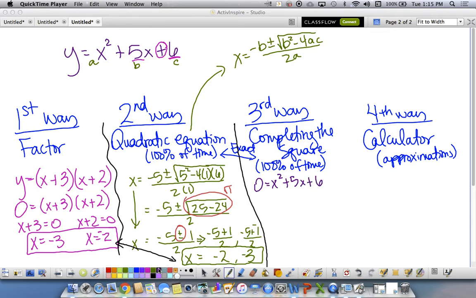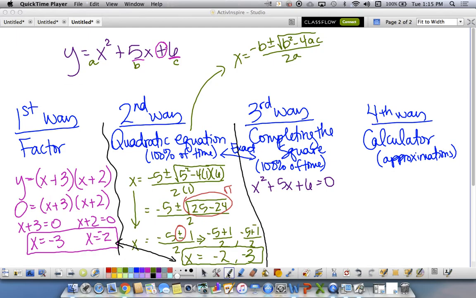Actually, I like the equals 0 on the right side, so I'm just going to write it like this, x squared plus 5x plus 6 equals 0. No reason whatsoever; you could use it both ways, but this is just how I like it.